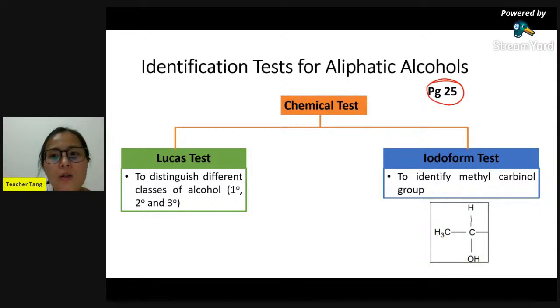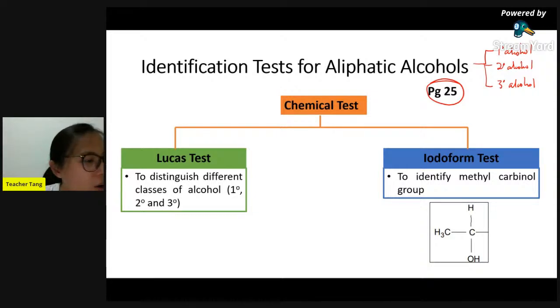We can classify it into primary alcohol, secondary alcohol, and also tertiary alcohol. Is there any chemical test that we can use to differentiate which is primary, which is secondary, and which is tertiary alcohol? Yes, there is a chemical test that we can perform, and that chemical test is what we call the Lucas test.